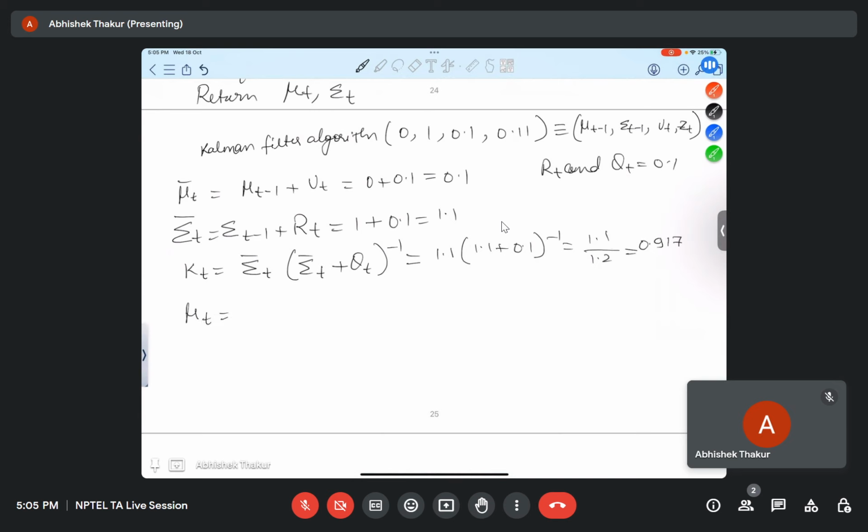Now mu t is given as mu t bar plus Kt times measurement zt minus mu t bar, as the belief estimation. This is 0.1 plus 0.917, that is the Kalman gain, times zt, 0.11, minus 0.1. So this will be 0.1 plus 0.917 into 0.01. So this will be 0.10917.